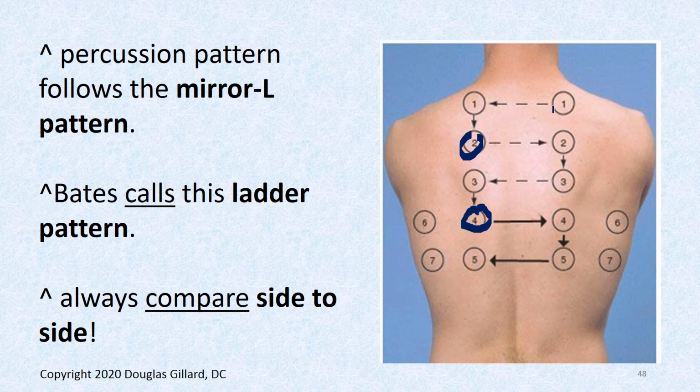You don't have to use this exact pattern, but you need to percuss here and compare those percussion notes. Percuss here, percuss here. I don't care if you jump over here and here, or if you go down like that, but go straight down, get all those percussion notes, and then go out here and make sure you get the costophrenic angles. These are probably the most important. All right, so we're percussing all those to make sure the percussion note is the same.